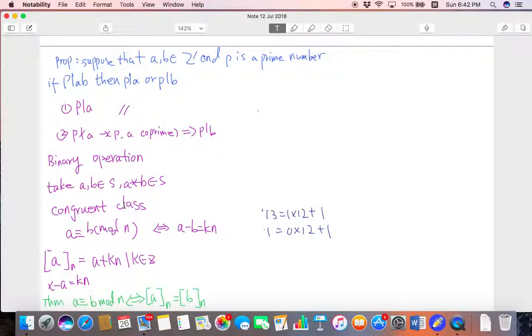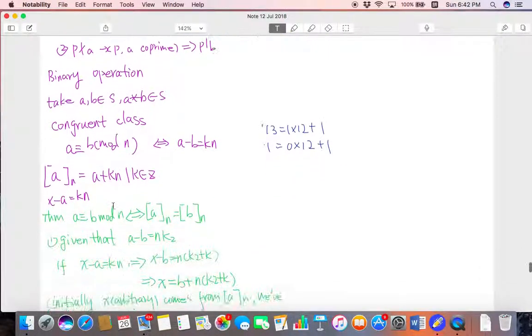Okay, so then it comes to an important concept I would like to say more about in this video, called congruent classes. The basic definition is this notion, with one more horizontal line added to the equivalent sign.